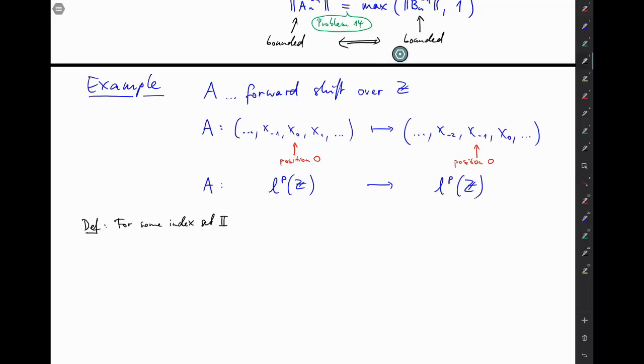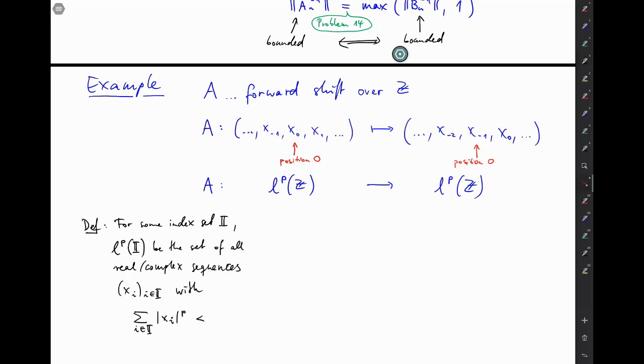to be infinite but countable, so you can count the elements, unlike the real axis or something like that, write LP of I for the set of all sequences of real or complex numbers, and the sequences are labeled over this index set I, with the usual LP condition.